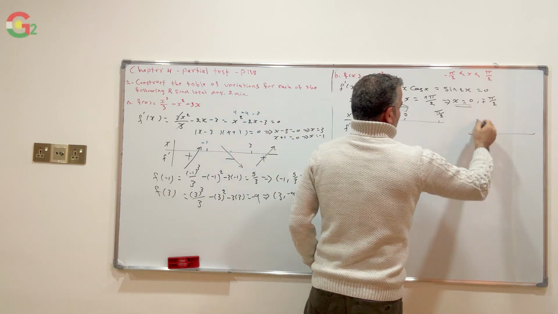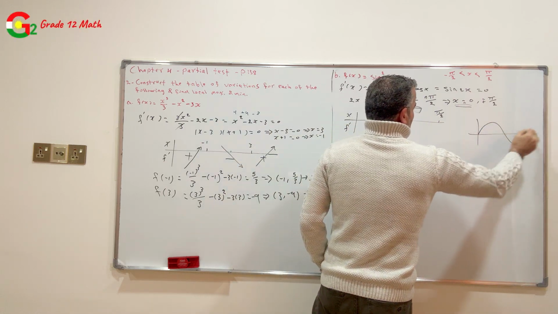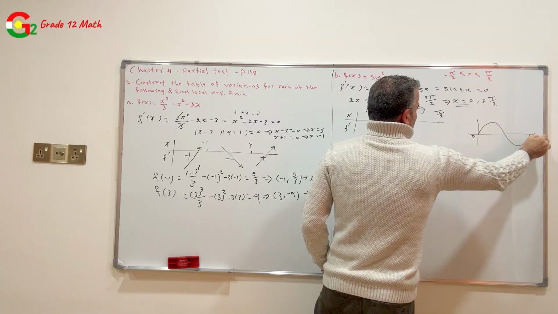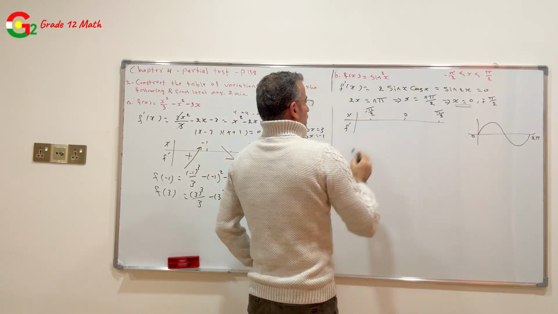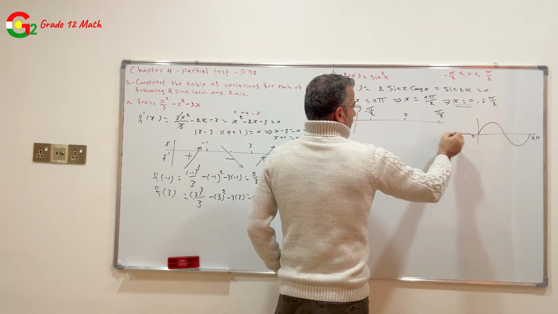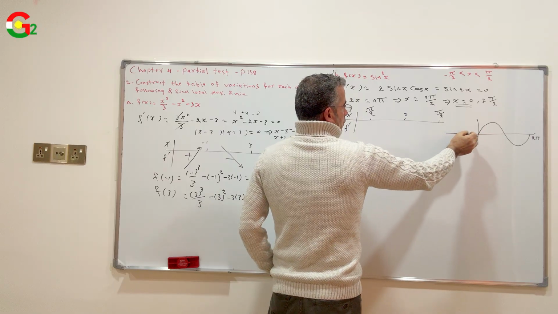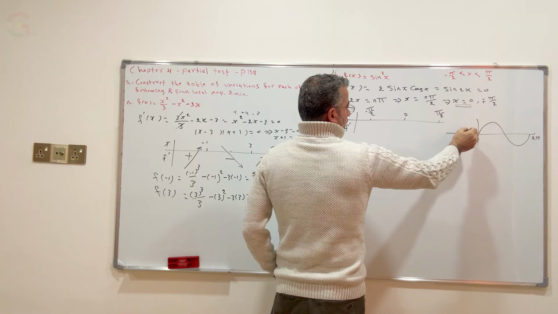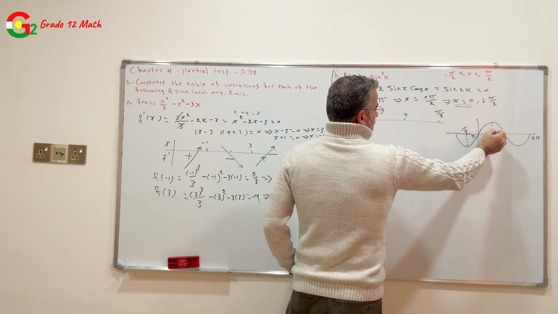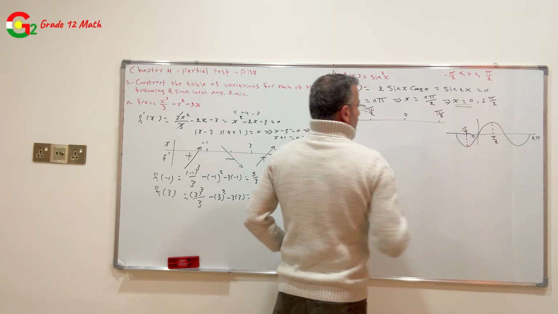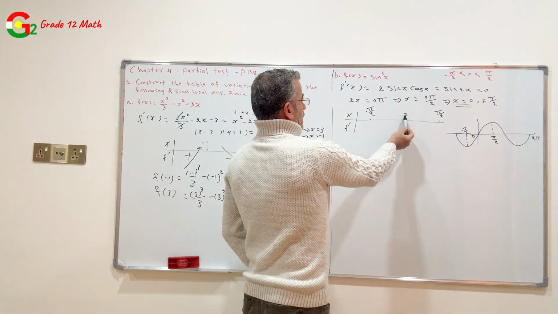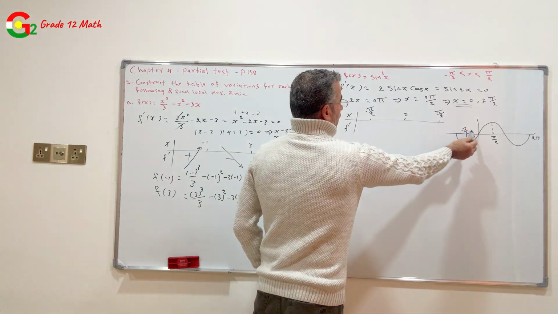And the graph of sine is a periodic function from 0 to 2 pi. Between negative pi over 2 and 0, take negative pi over 4.